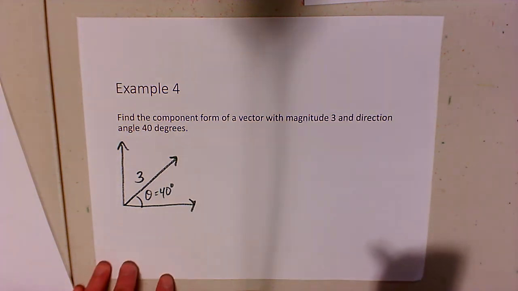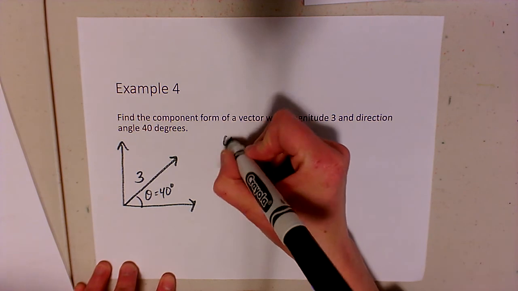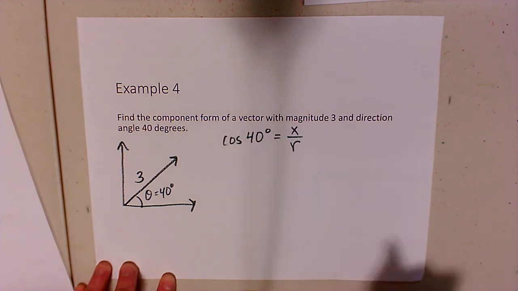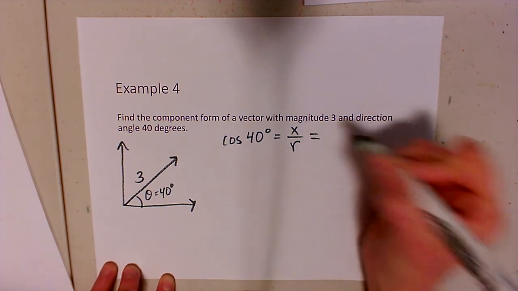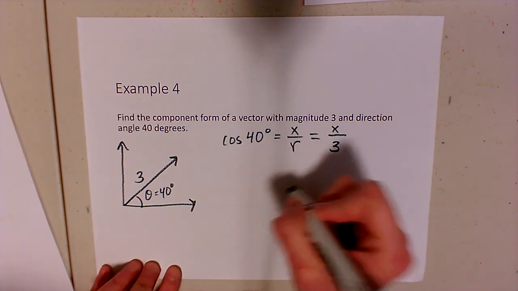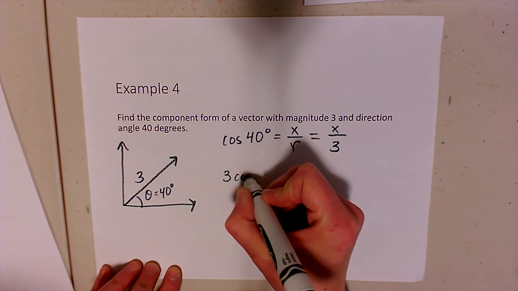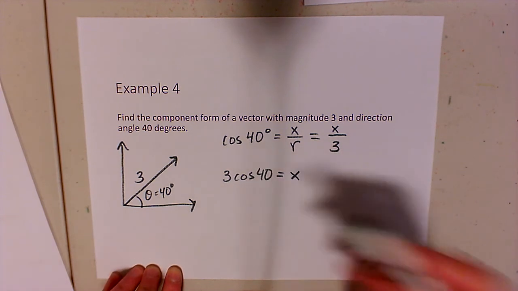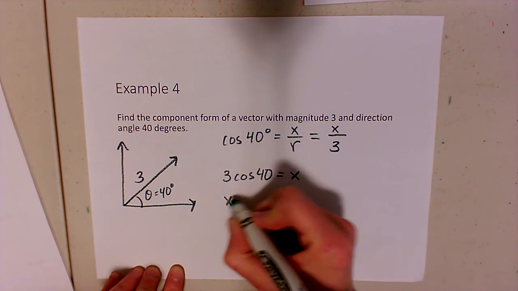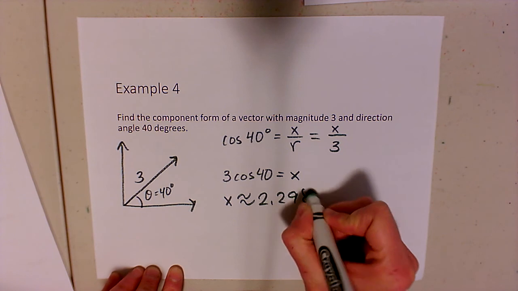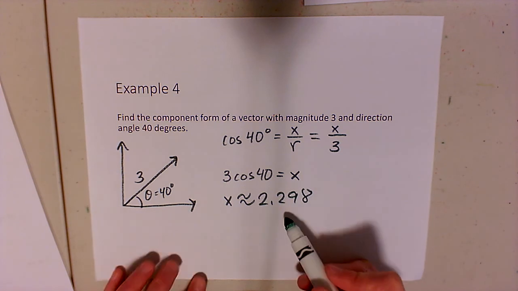If I take the cosine of 40 degrees, that's going to be x over r. I don't quite know what my x is, but I know that my r is 3. So I could multiply both sides by 3, and I would get 3 cosine 40 is x, and I could punch that into my calculator, and x is approximately 2.298. So I have an x component.